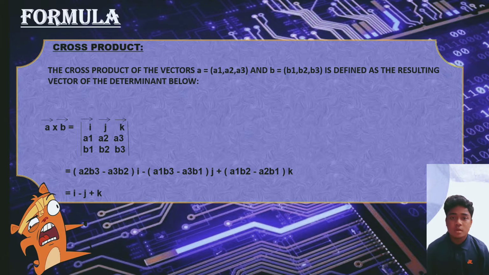For example, A multiply B equal to i, j, k and arrange A1, A2, A3, also B1, B2, B3 by rows. After that, we got (A2 B3 minus A3 B2) i minus (A1 B3 minus A3 B1) j plus (A1 B2 minus A2 B1) k.